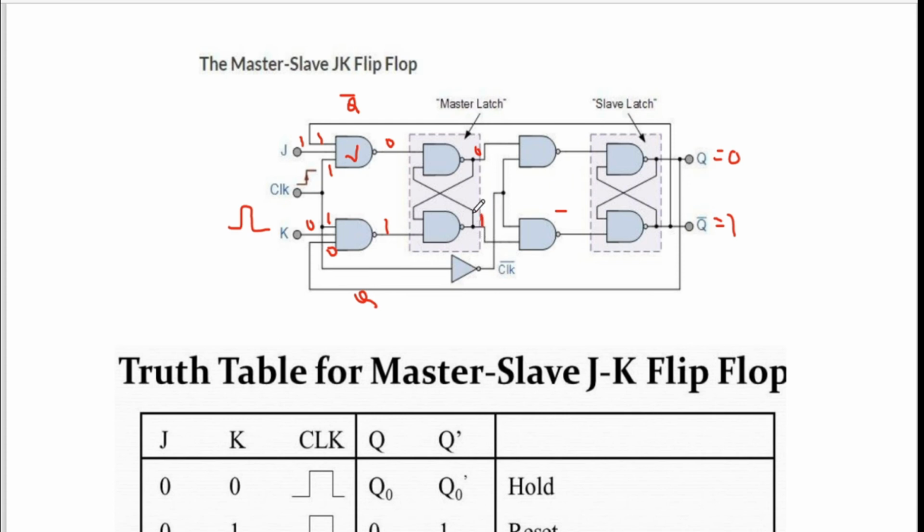So this 1 is coming here and this 0 is coming here. When we have 0 1, here we will be having a 1, and with 1 0, here also we will be having a 1.